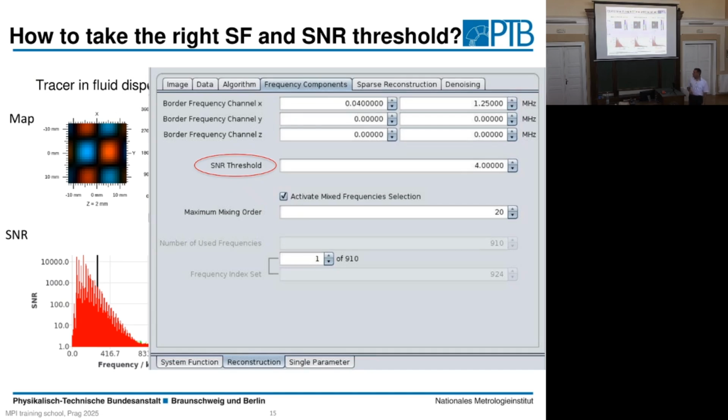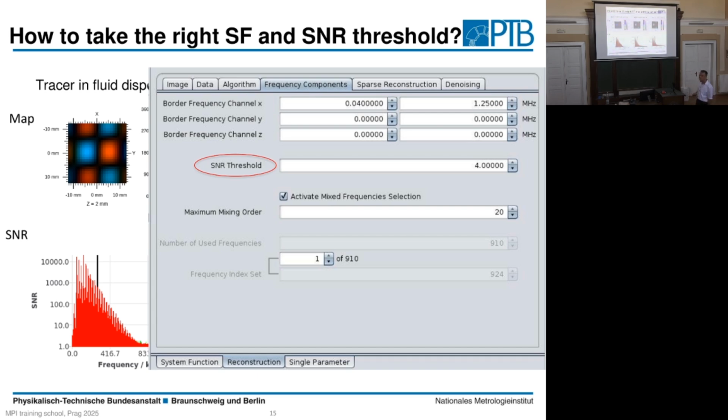So, and now I'm at the slide where I need all these things. In the first row we see 3 maps, all from one tracer. It's Dynamax C30, I can say. But it's under different conditions. The first is only the tracer in fluid dispersion in water. In the second, the tracer was taken up by cells, and the cells are in one state. And in the third one, the cells are in a different state.